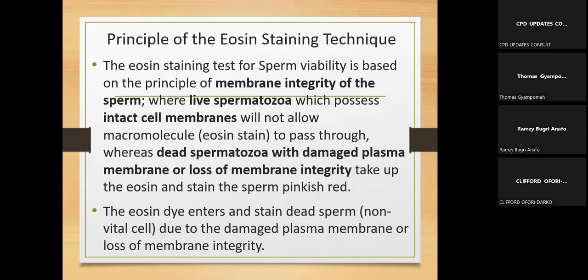So then what is the principle of the use of eosin staining as supravital stain in the sperm life or death testing? The eosin staining test for sperm viability is based on the principle of membrane integrity of the sperm.